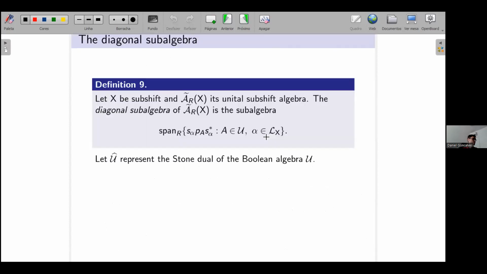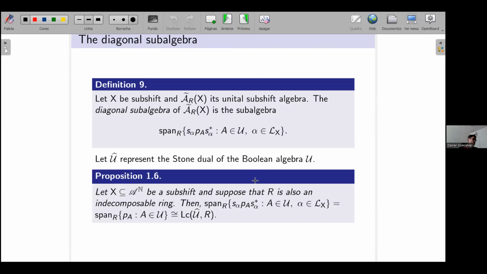And then it's also the locally constant functions with compact support on the Stone dual of this Boolean algebra U, which is not such a nice space, but it is what it is. I mean, it is more general, right? Subalgebra, this subshift, sorry.